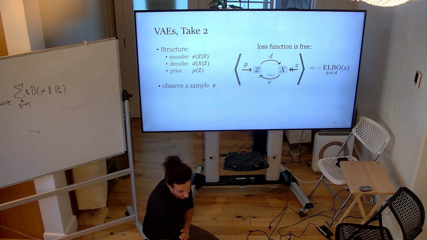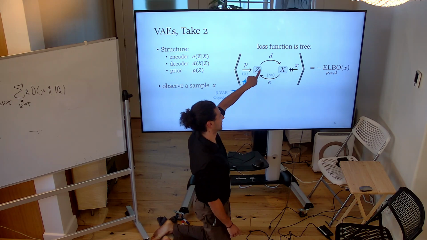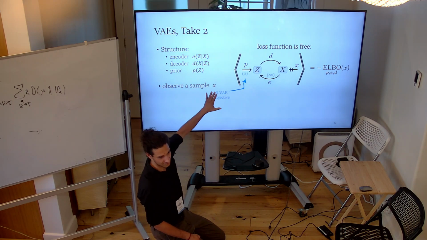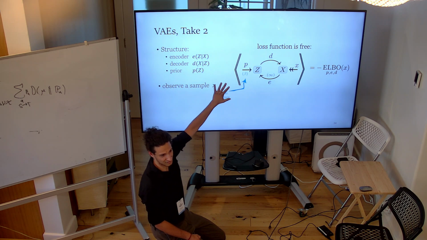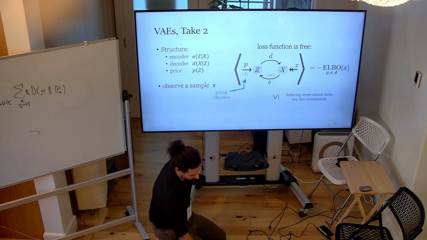Whoa. Now, there's one free parameter, like the relative confidence of these two things. If you change this number, then you get a beta VAE, which is a class of models that are supposed to generalize these and work better by tuning these parameters. And believing more things cannot make you less inconsistent.